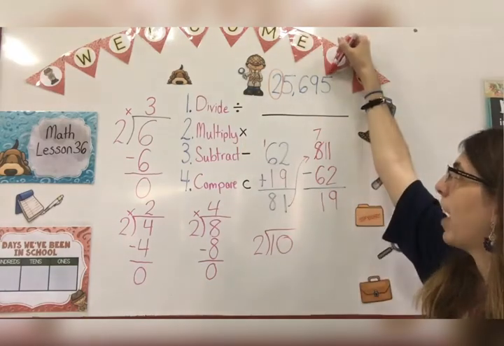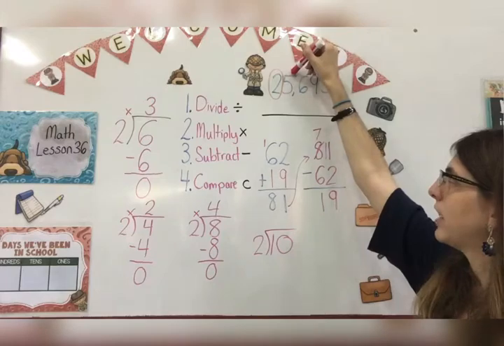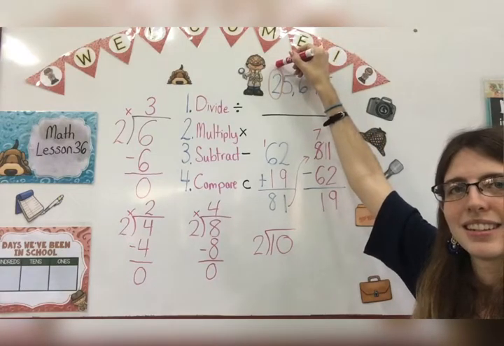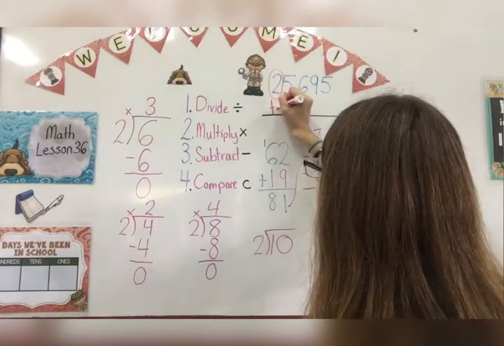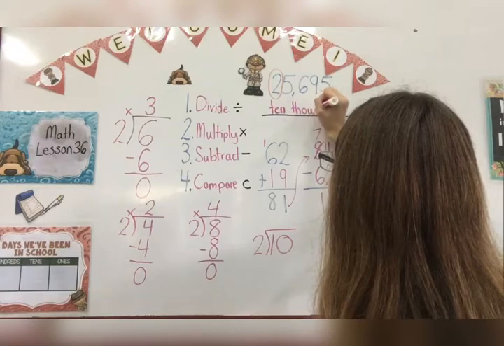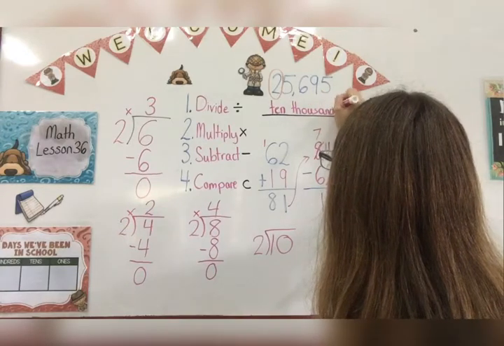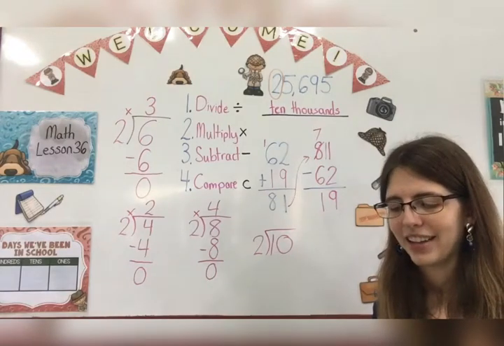Well, this is the ones, tens, hundreds, thousands. What's this place? 10,000. So I will write that in the blank. The 10,000s place. And the rest are done just like that.